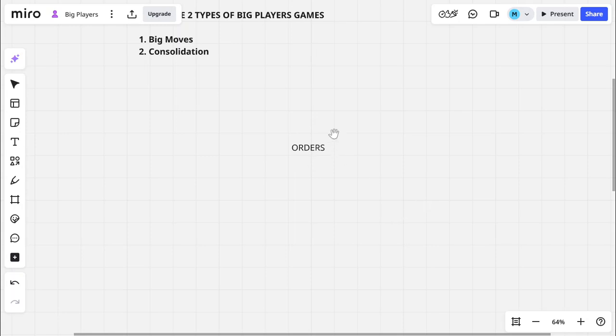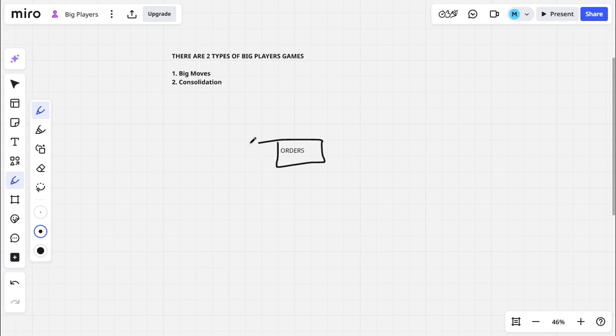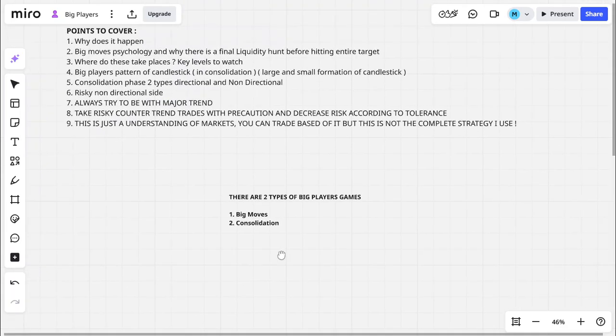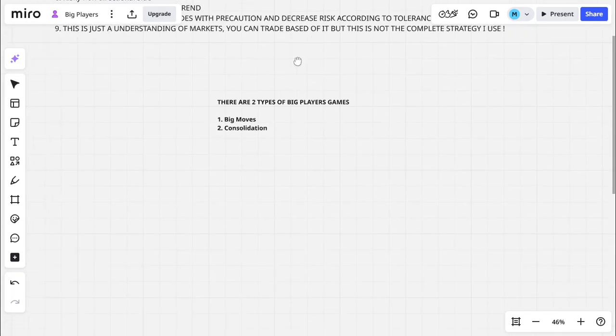So trust me, guys, this is a very key factor. It's very important for you to understand the order psychology. Whatever we are studying right now, it is all pure orders, nothing else. We are trying to understand where the big players execute their orders and what happened. Now, the final liquidity hunt before target.